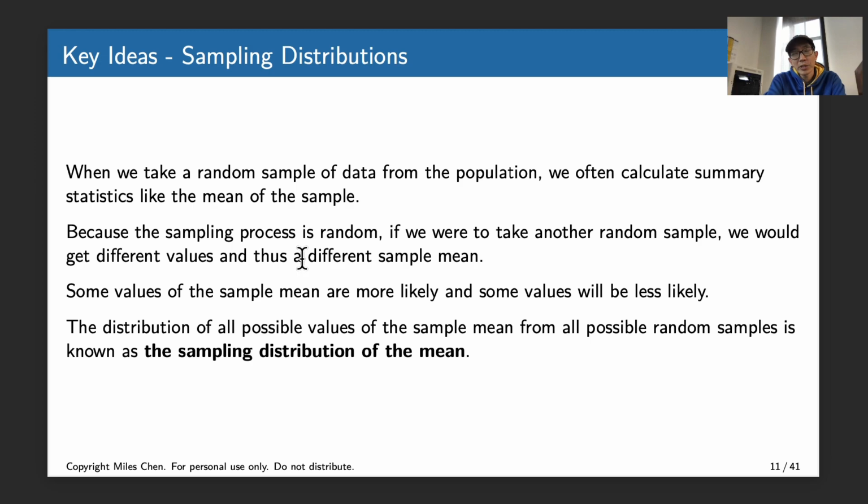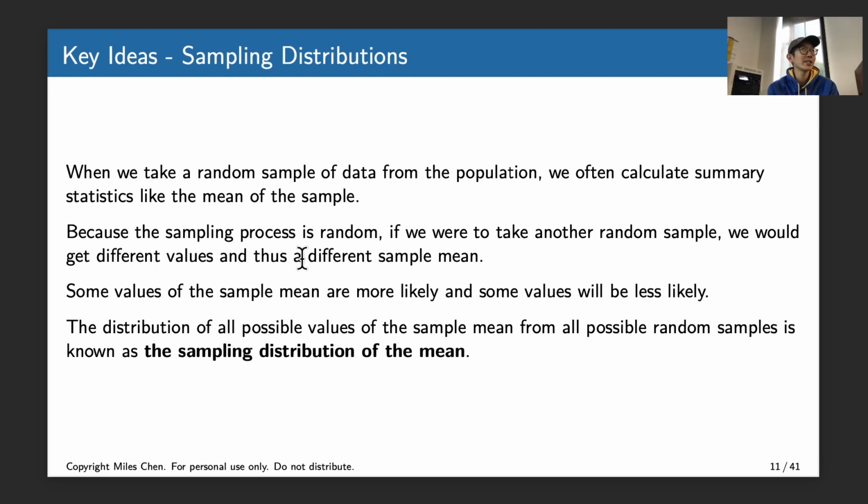And so when we do take a random sample, we will take, like, the mean of your random sample or the standard deviation of your random sample. You calculate some kind of statistic there. But because that sampling process is random, if somebody else were to take a different random sample, they would get a slightly different sample mean, right?